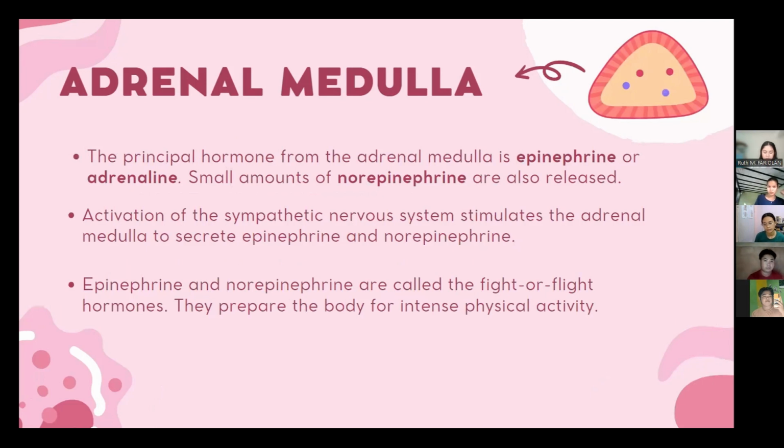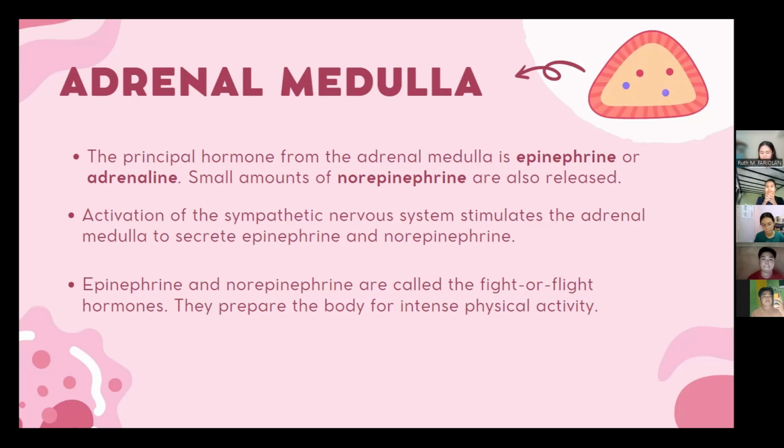Activation of the sympathetic nervous system stimulates the adrenal medulla to secrete epinephrine and norepinephrine. The sympathetic nervous system is most active when a person is excited or physically active. These hormones bind to membrane-bound receptors in their target tissues. The principal hormone from the adrenal medulla is epinephrine, or adrenaline.